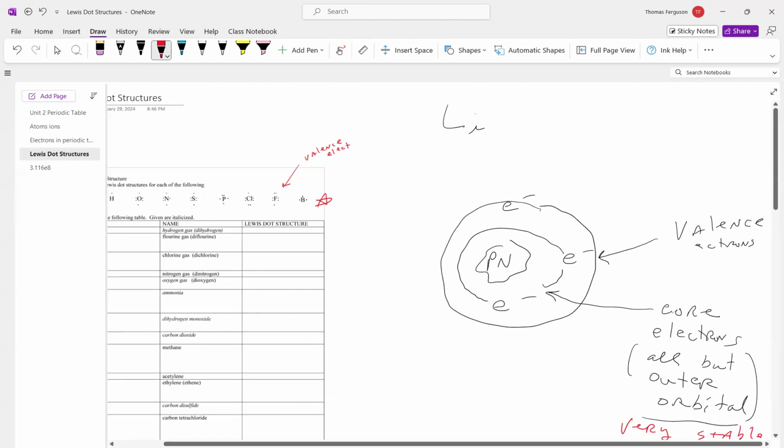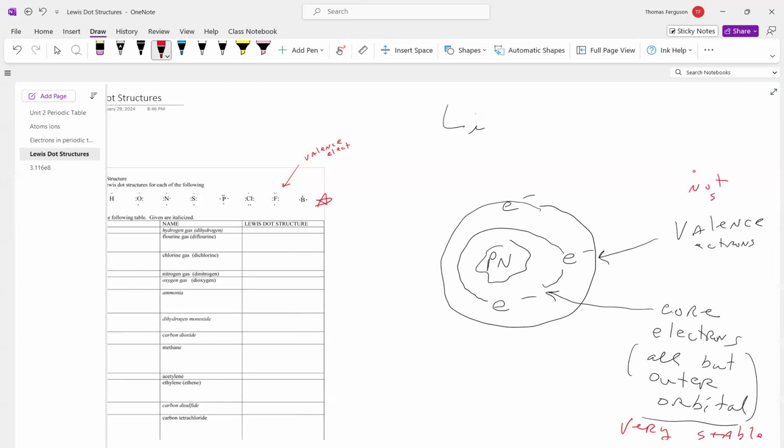Now, the core electrons are very, very stable, like I was saying earlier, and the valence electrons are not stable, except if it's full. If it has 8 electrons in it, then they become more stable.